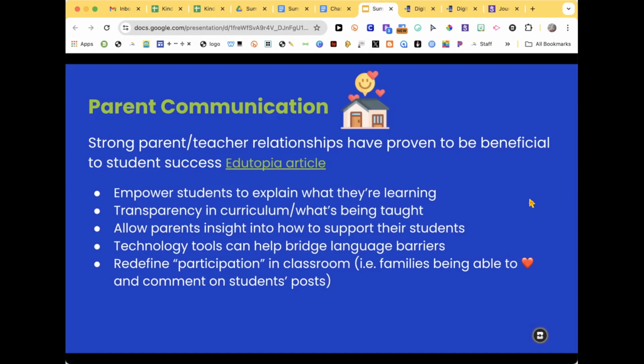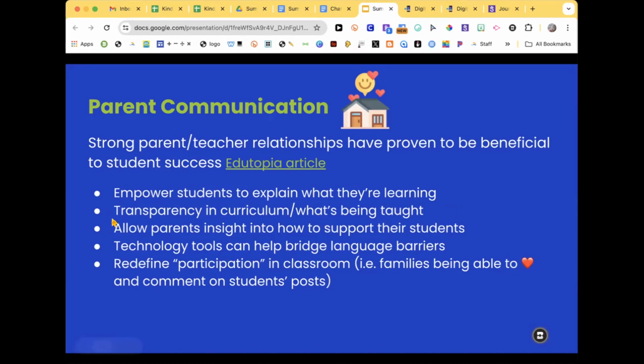Her teacher didn't really need to make phone calls, or even at our parent teacher conferences, didn't have to do a lot of that explaining, because I had heard it straight from my daughter, right? So giving them that platform to really share that thinking and learning is a pretty powerful thing for us as parents to be able to hear as well.